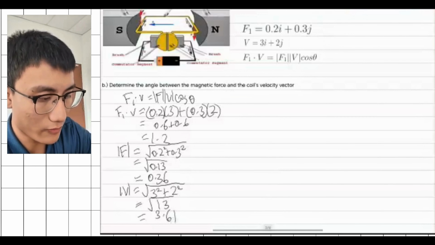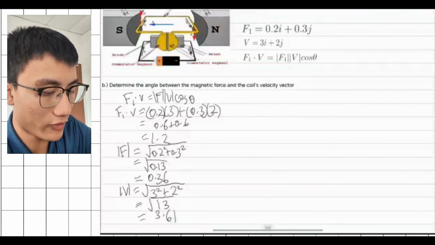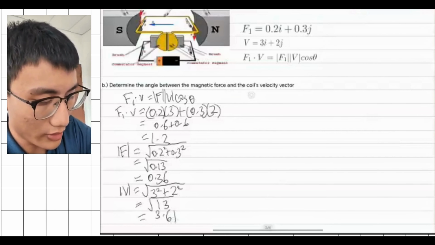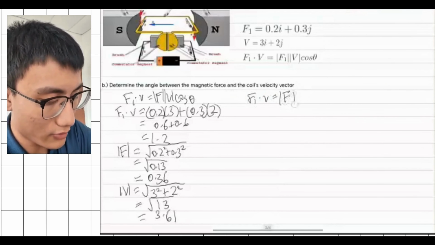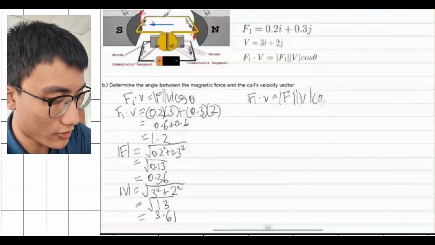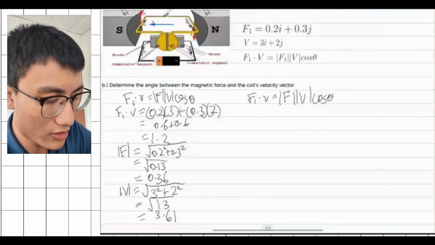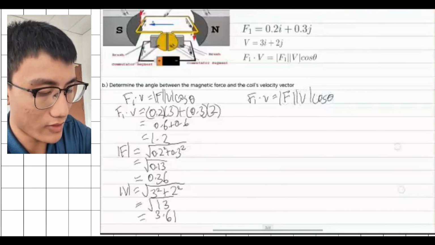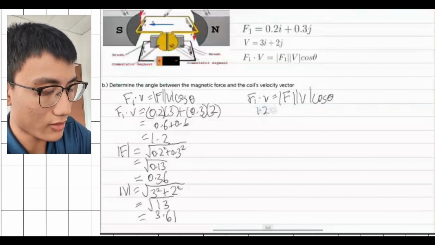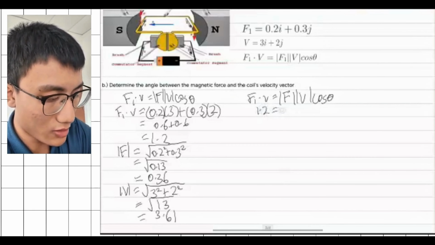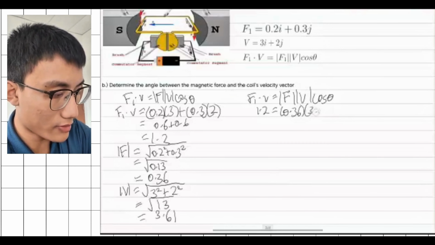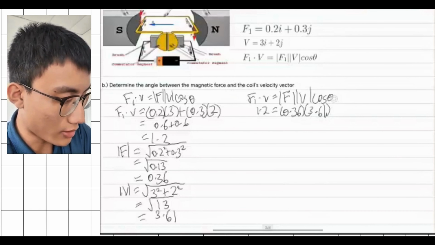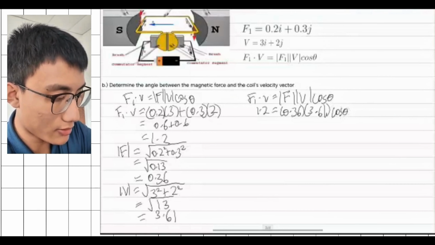Now we can use the dot product formula, right? F1 dot V equals F V cos theta. F1 dot V is 1.2, and the modulus values are 0.36 multiplied by 3.61 and cos theta.